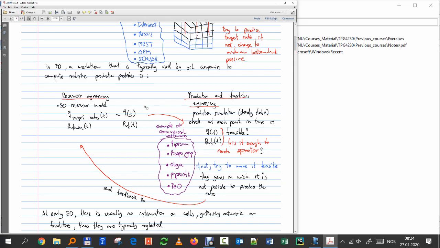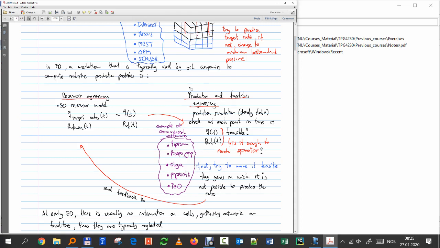Because oil, gas, and water, all of them contribute to pressure drop. They send the flowing bottom hole pressure, which will be, in our case, remember, the available pressure at the bottom of the well, after the reservoir simulator computes from reservoir pressure all the way to flowing bottom hole pressure.